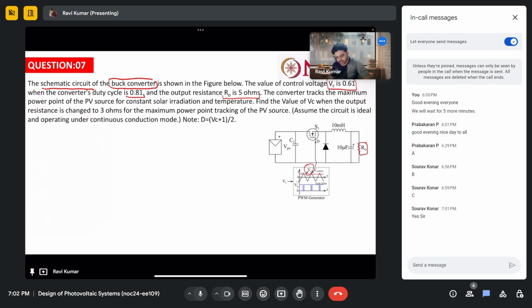The converter tracks the maximum power point of the PV source for constant solar radiation and temperature. Find the value of VC when the output resistance is changed to 3 ohms, for the maximum power point tracking of the PV source. Assume the circuit is ideal, operating under continuous conduction mode, and also there is a relation between D and VC. VC is given like this, and these are the options.